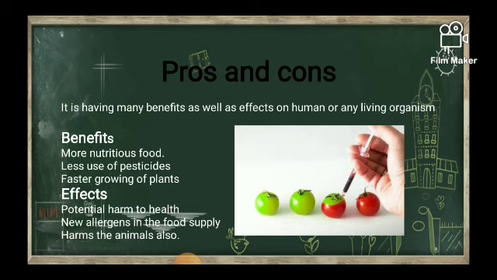But if we are seeing the benefits, then we also have to see the side effects, and those are a potential harm to health, very much. New allergens in the food supply, and harm to animals also. And there was also an experiment done by scientists, and they made Dolly the sheep with their desirable trait.